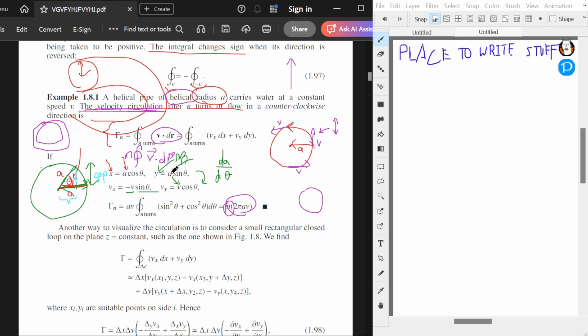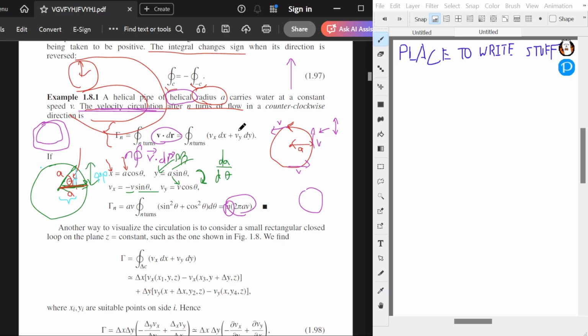We're differentiating by theta, but to change position to speed, you have to differentiate by time. So I don't trust this too much.